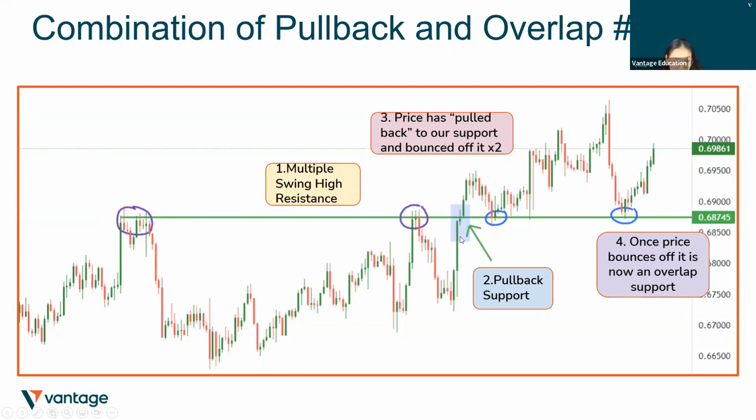Now price surpasses this level and it's now a pullback support. From the blue circles, you can see price has pulled back to our support and it's actually bounced off of it twice. Once it bounces off of this support level, it now becomes an overlap support.